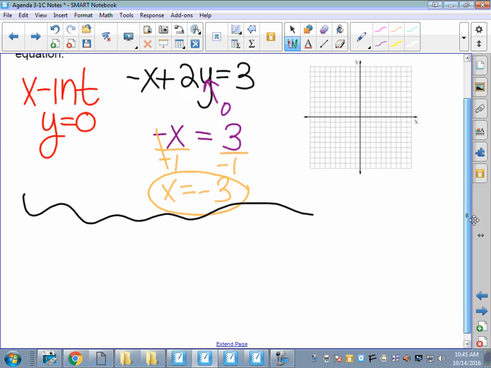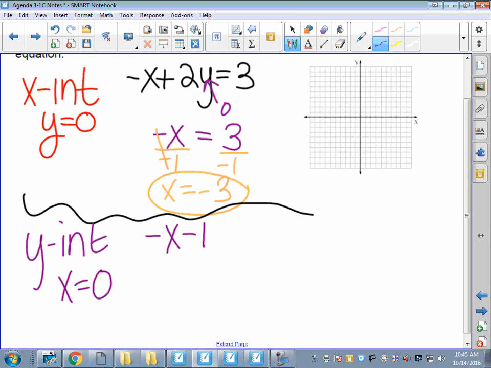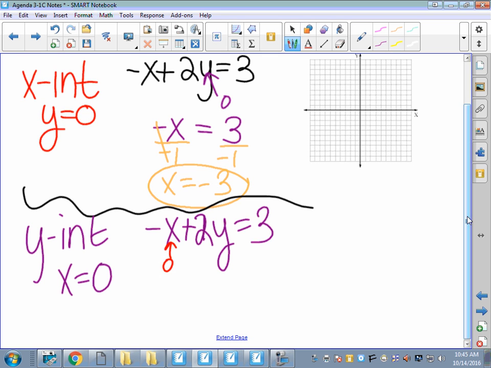If I'm going to find my y-intercept, that means what has to be equal to 0? So I'm going to take my original equation. I'm going to put a 0 in for that x. What's -0 do for you? Absolutely nothing, right? So it's just 2y equals 3. Divide by 2.